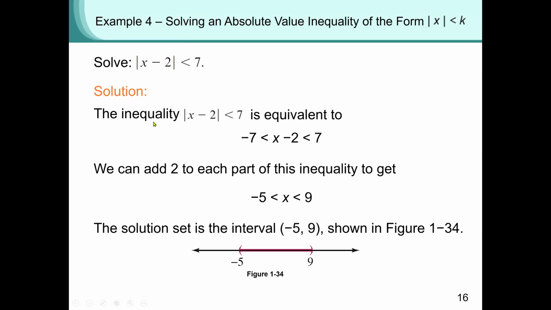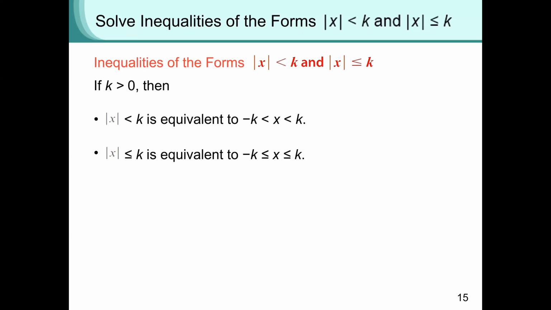So the inequality absolute value of x minus 2 less than 7 is equivalent to writing x minus 2 is less than 7 and greater than negative 7. Remember the rule. 7 is a positive value.